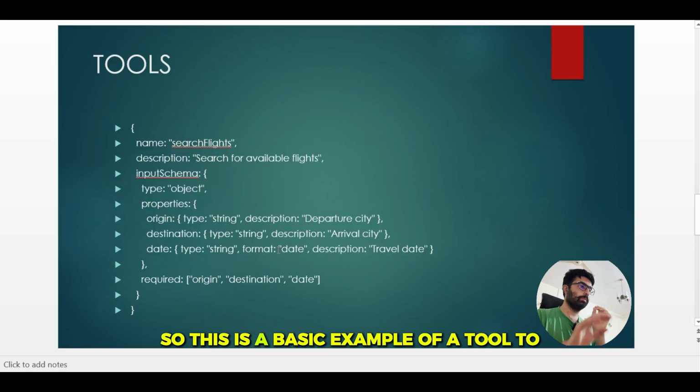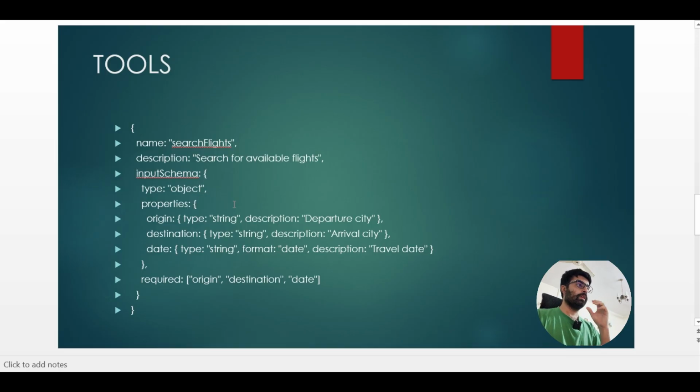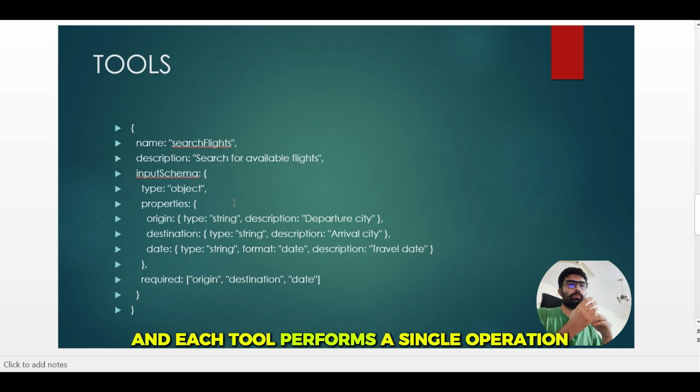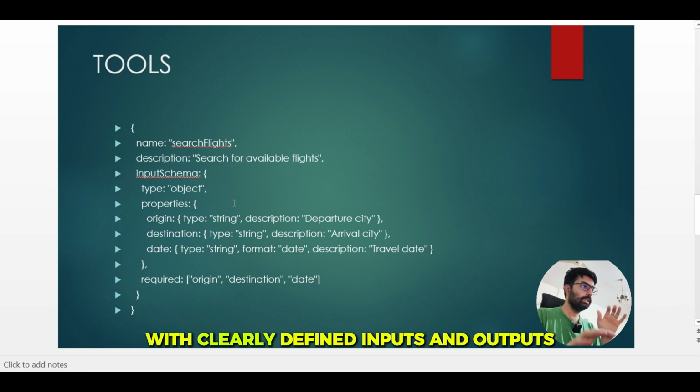This is a basic example of a tool that has a schema defined that the LLM can invoke. MCP uses JSON schema for validation, and each tool performs a single operation with clearly defined inputs and outputs.